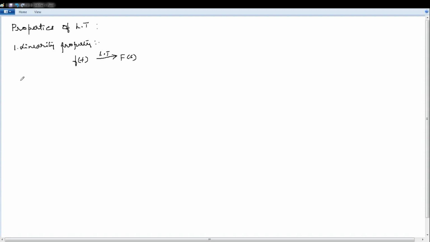Now what if you have a sum of more than one signal? Let me take signals as f1 of t plus f2 of t plus f3 of t and so on, till fn of t.